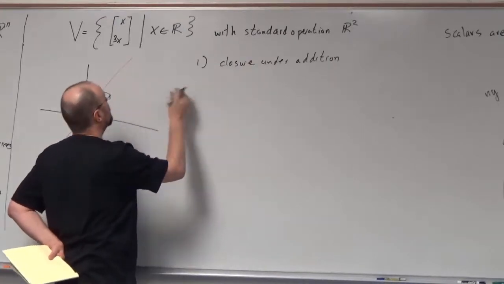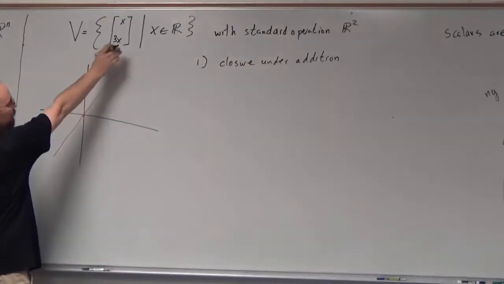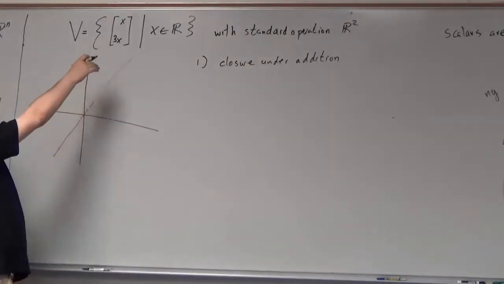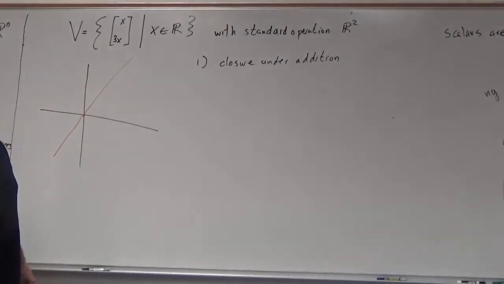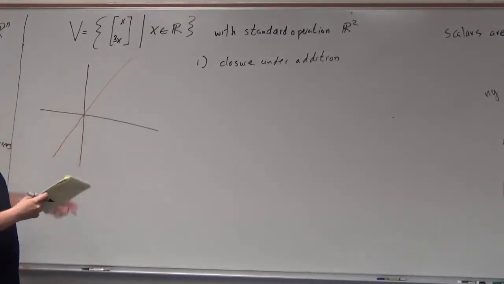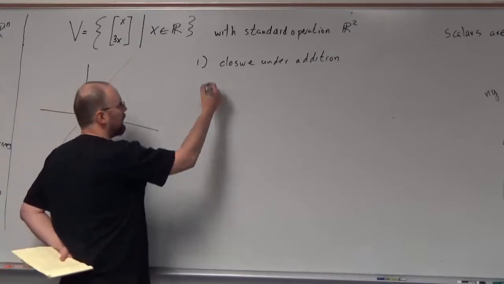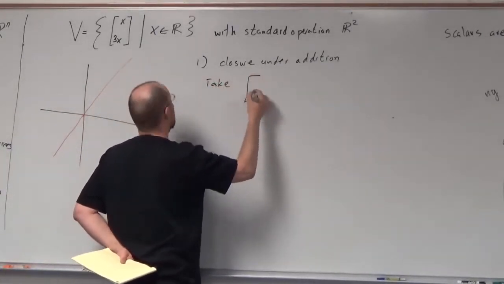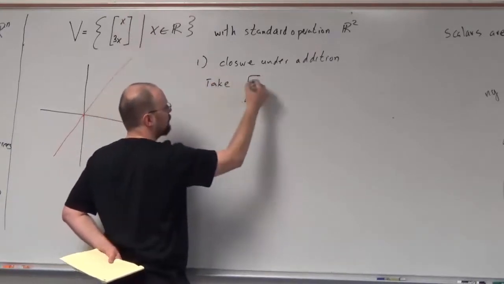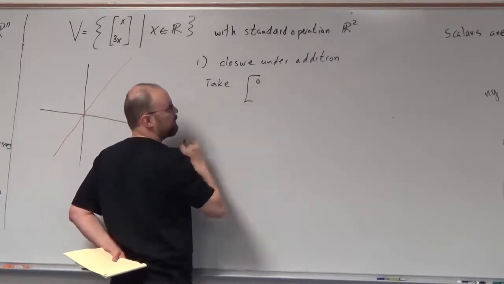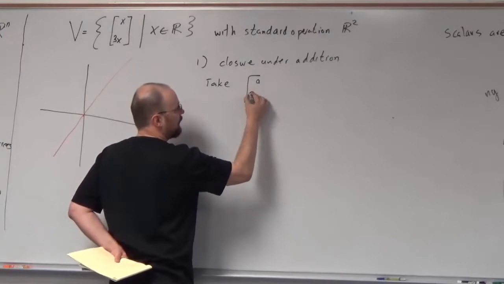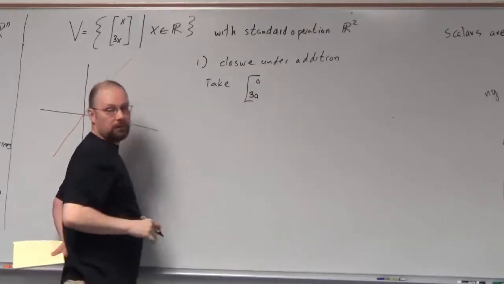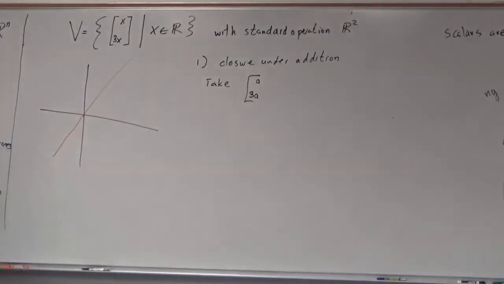Well, to show that, you have to show that you can take any two vectors of this type, add them, and get a result which is of this type, right? So what I would do is take two things that satisfy this kind of structure where the first entry is any real number, the second entry is 3 times the first number. That's the qualifying condition.